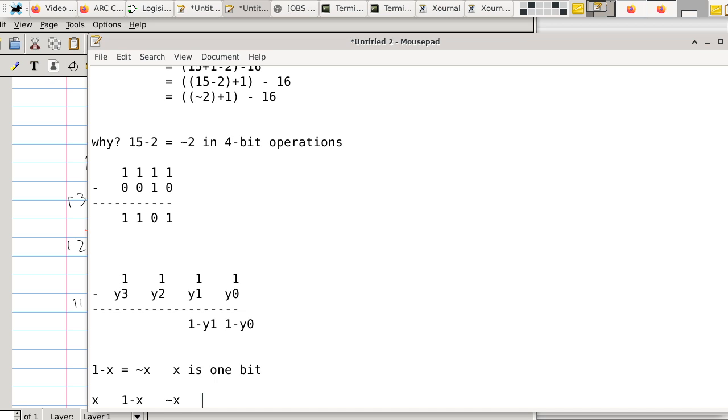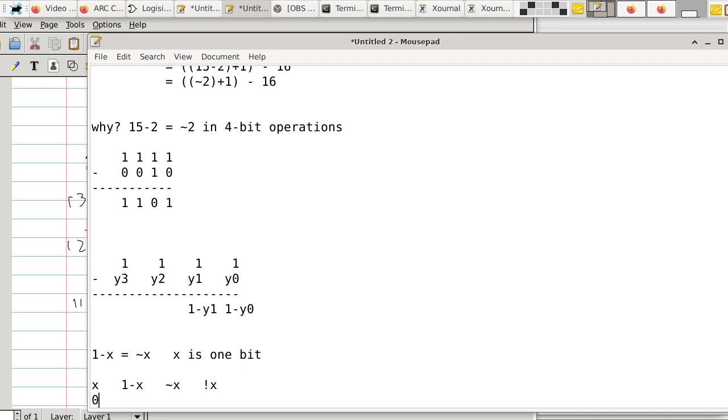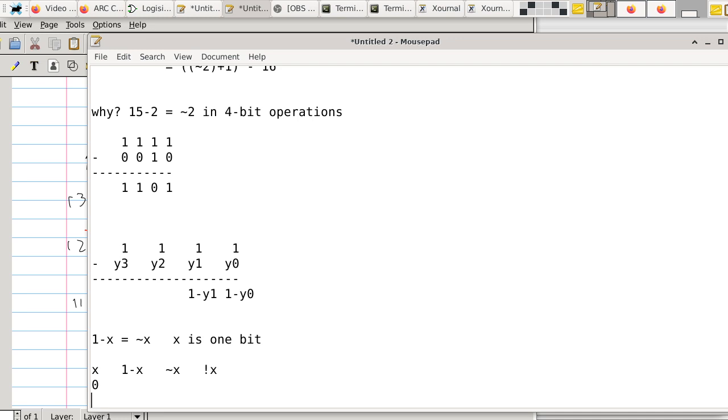Now, in this case, bitwise not is really the same thing as logical not because it is a single bit. Well, x is a binary digit. It can be 0, and then it can be 1. Can it be 2? No, because it's a binary digit. A binary digit can only be 0 or 1. It's the same thing as a Boolean. It can either be false or true, but there's no third value it can assume.